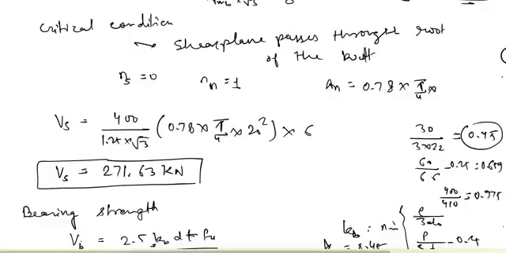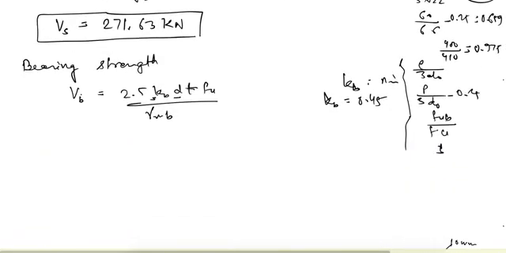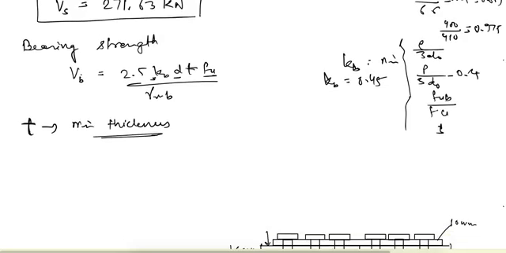Now what else is remaining? d is the diameter of the bolt, fu is the ultimate strength of plate. Now t is the thickness. Last time, in the theory video, I said we take the minimum thickness, but that is an oversimplification.